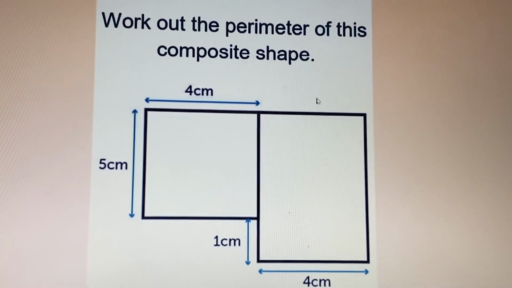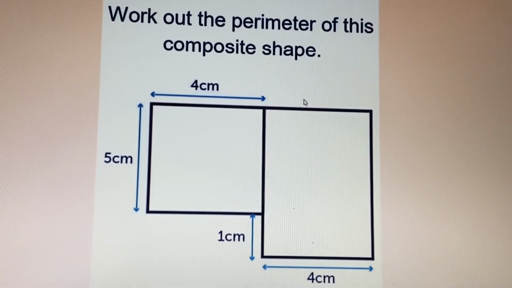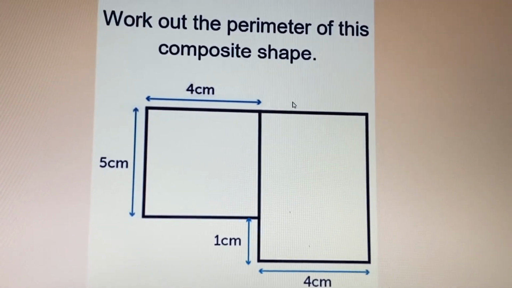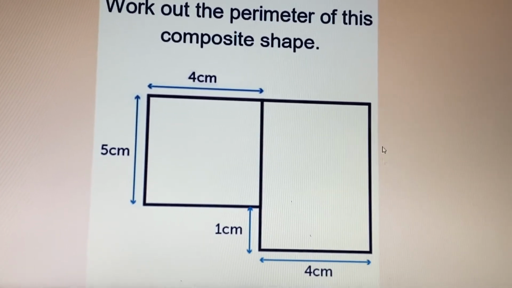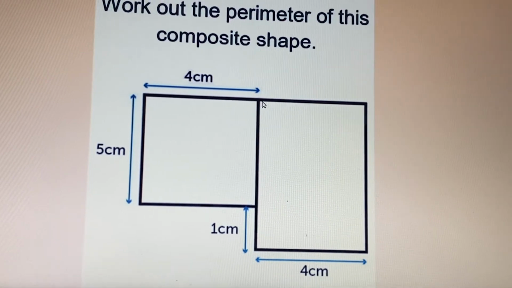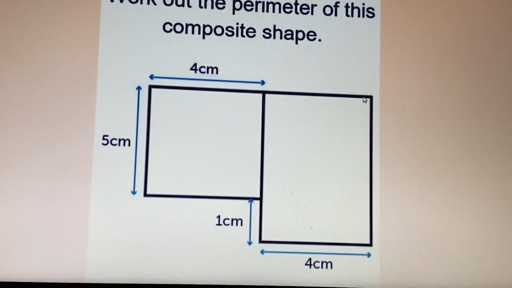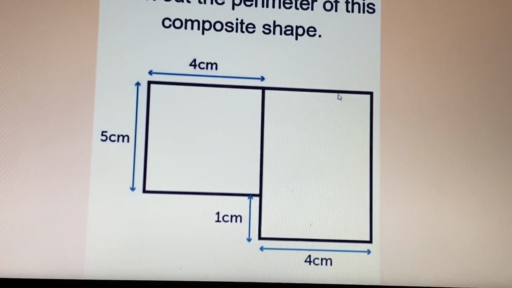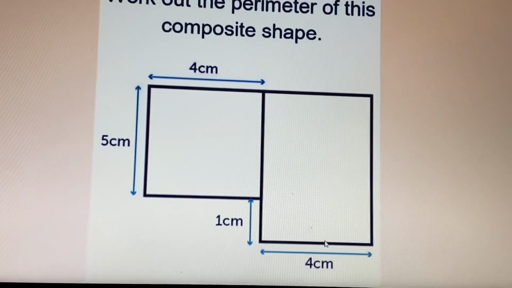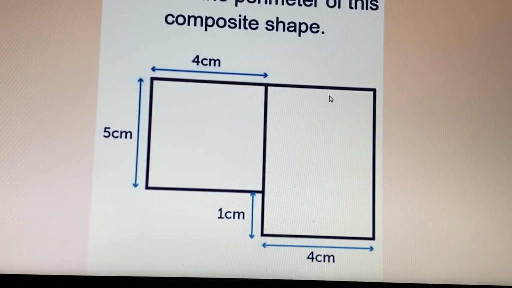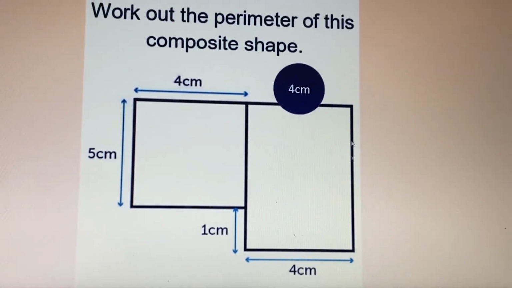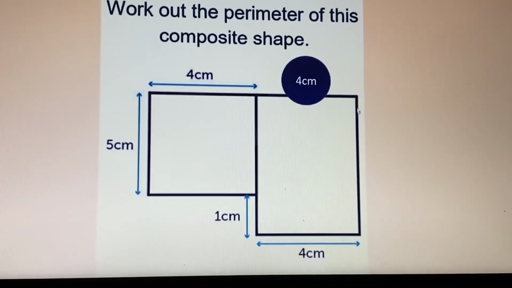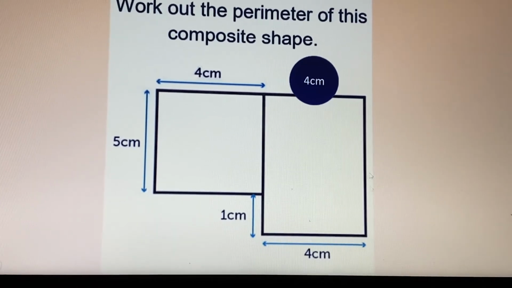So the idea would be, firstly, to work out this one. I think that's the best one to work out first, because that's quite easy. And also to work out this one. So hopefully you've seen that this line here is of equal length to the line opposite, 4 centimetres. So that side there is also 4 centimetres. This one, however, is a little bit trickier, because there's not a side which is equal length there.